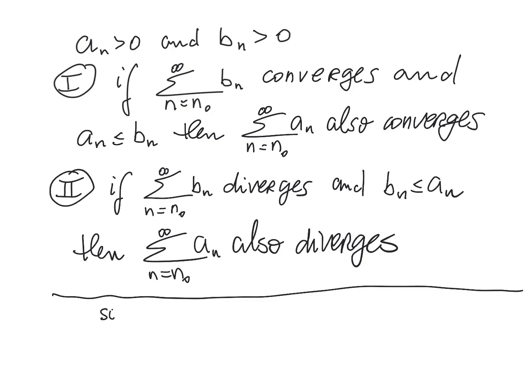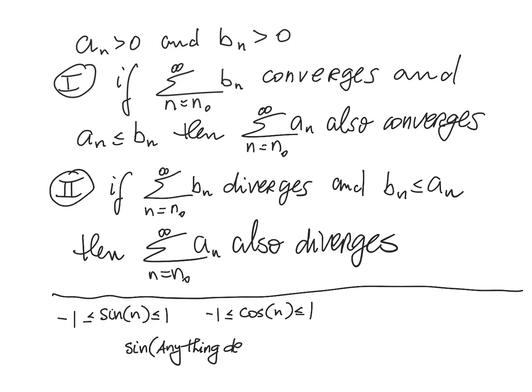Okay, and let's take a look at some of the inequalities involving sine and cosine. We know that for any n, sine of n is between -1 and 1. Similarly for cosine of n, but we can extend that: sine of anything that is defined, any expression or function of n, is always less than or equal to 1 and greater than or equal to -1.